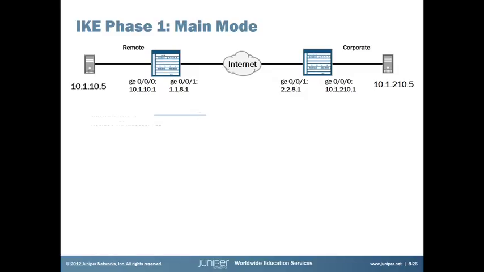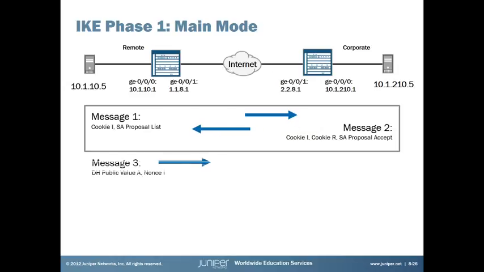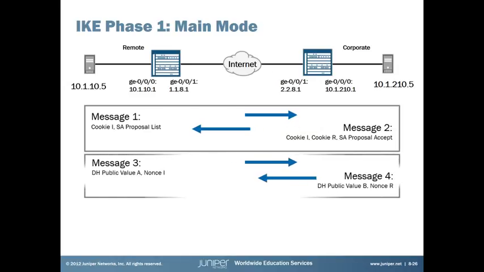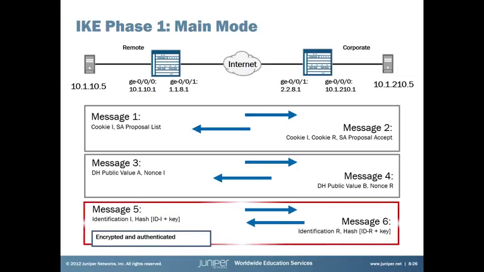So phase 1 main mode: the process has a message, the SA proposal list. The proposal list is accepted. The DH public value A and DH public value B, and message 5 is where we're actually hashing.